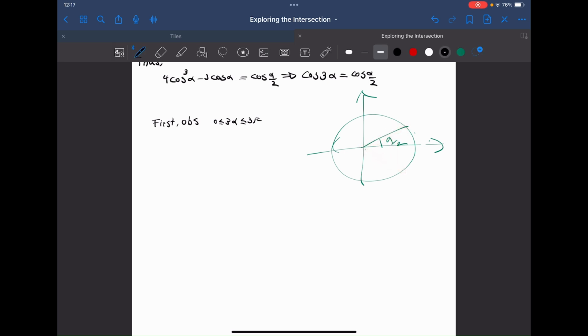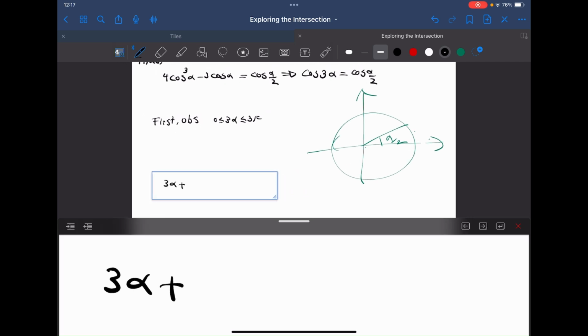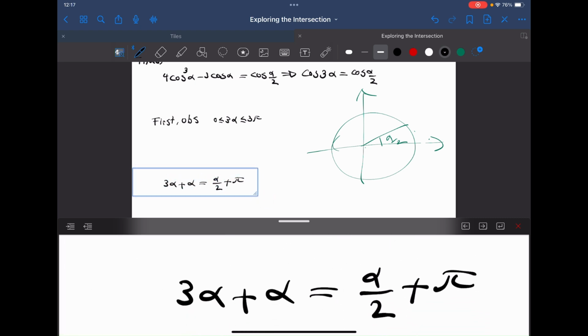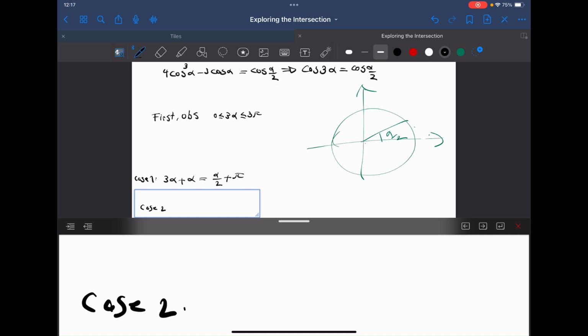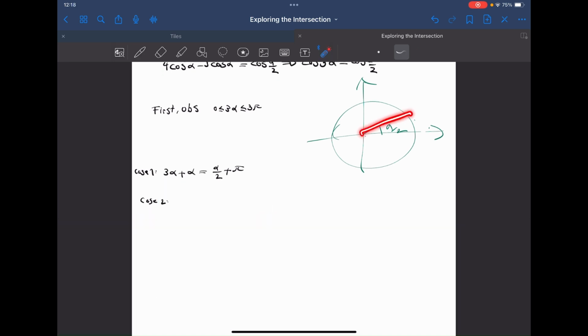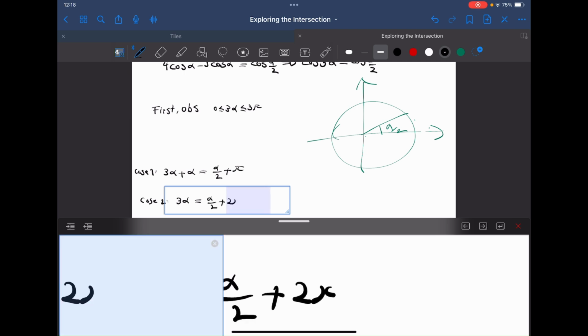So I have 3 alpha plus alpha is alpha divided by 2 plus pi. And so this is case 1, and for case 2, I have that 3 alpha is right here. So case 2 is 3 alpha is alpha divided by 2 plus 2 pi.